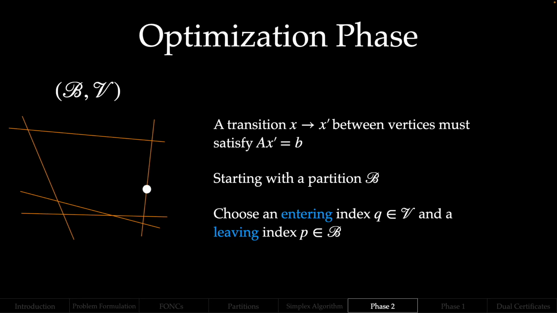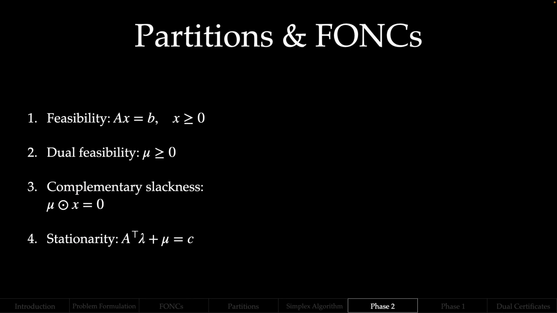The optimization phase boils down to simply choosing an entering index, q, from our free variables, and a leaving index, p, from the basis. That's all that's going on here. How we actually choose these is going to be determined by going back to the foundation, which is the first order necessary conditions. Okay, so we're interested in making this transition.